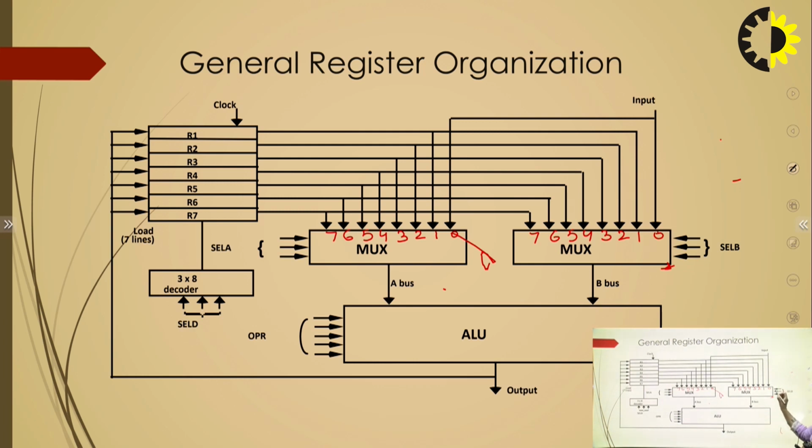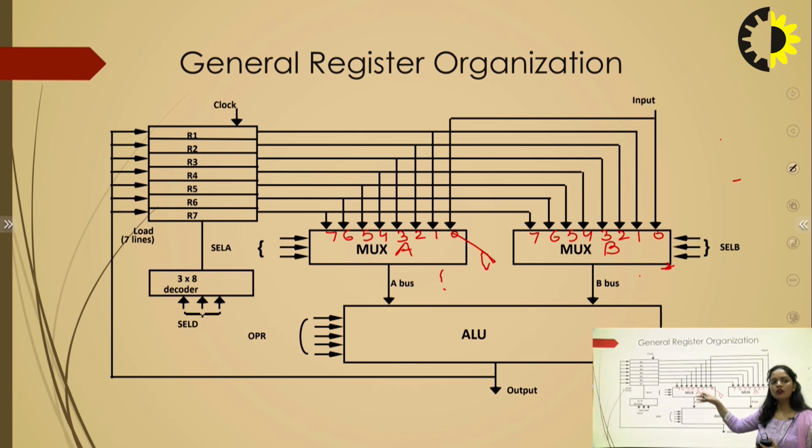And these particular inputs are selected on the basis of the code on the selection lines, that is selection line A and selection line B. Selection line A works for multiplexer A, and selection line B works for multiplexer B. So how do these work?